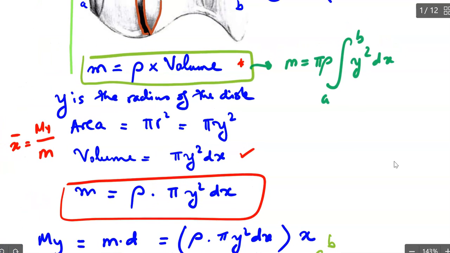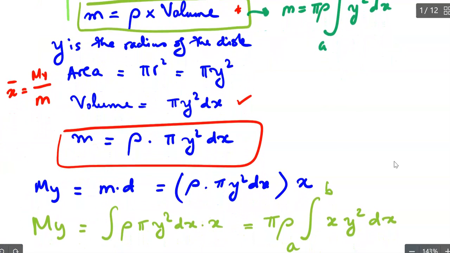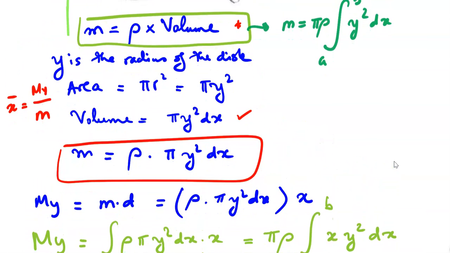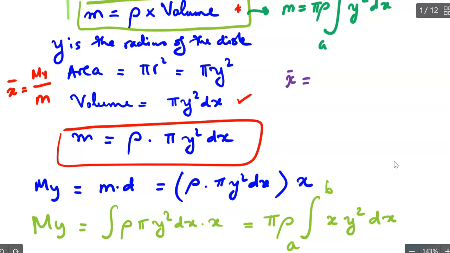Now you see that x bar is equal to My divided by m. So I'm going to take these two divided by each other. So x bar equals My, which I already found right here: pi rho integral from a to b of x y squared dx. And what is the mass?